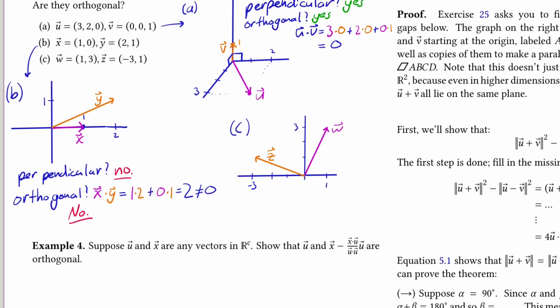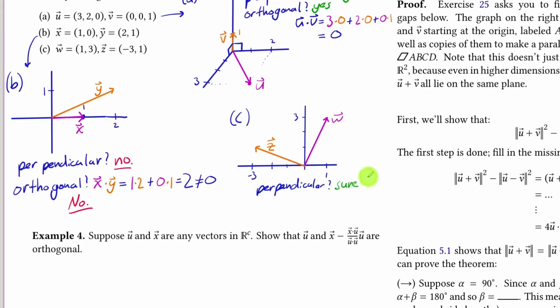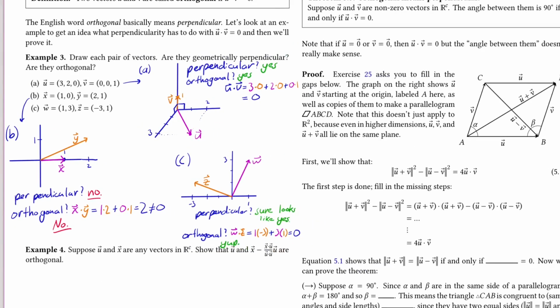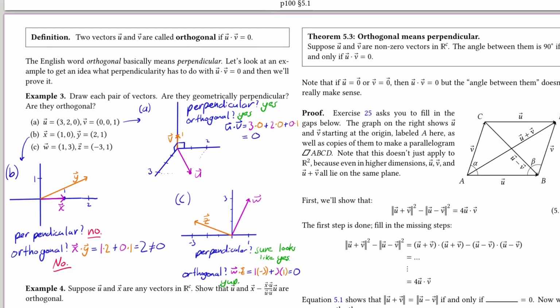You could probably use some trigonometry to show that that's a 90-degree angle as well. And are they orthogonal? Well, if you do the dot product, what you get is 1 times negative 3 plus 3 times 1, and that gives you 3 minus 3, which is 0. So yes. It looks like, with these examples at least, that the dot product being 0 is equivalent to the vectors being perpendicular.